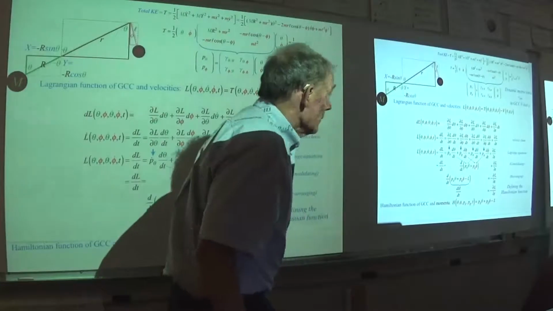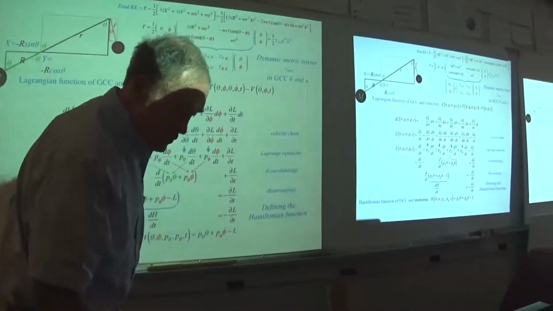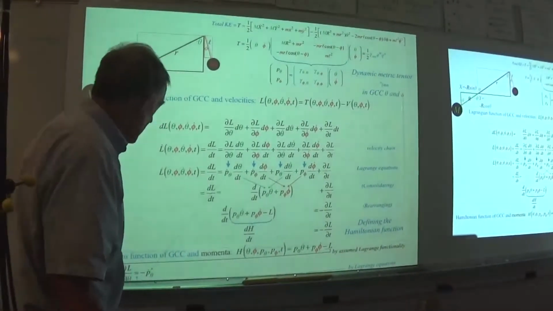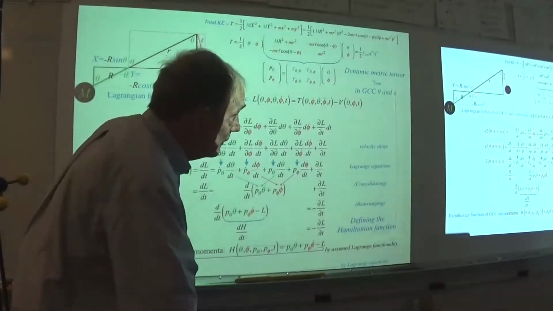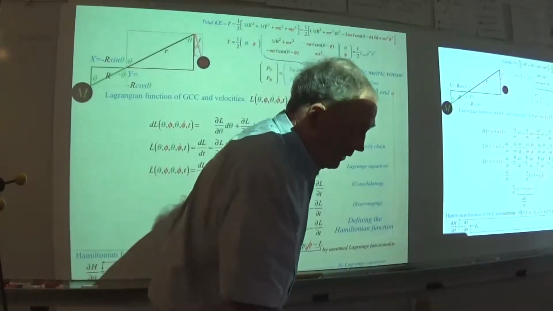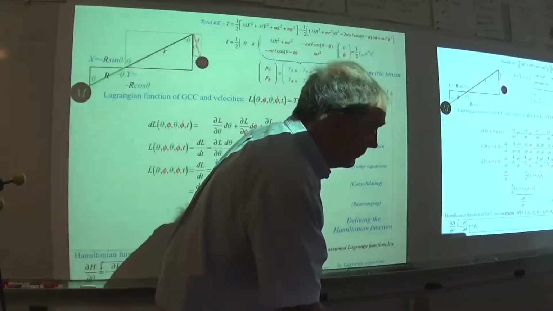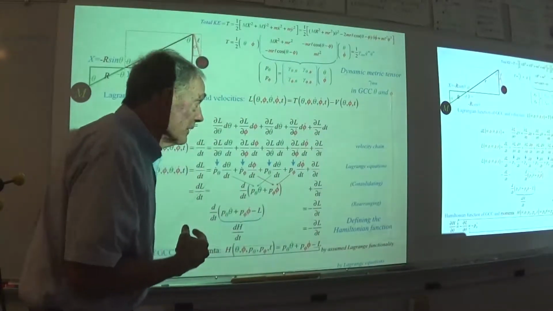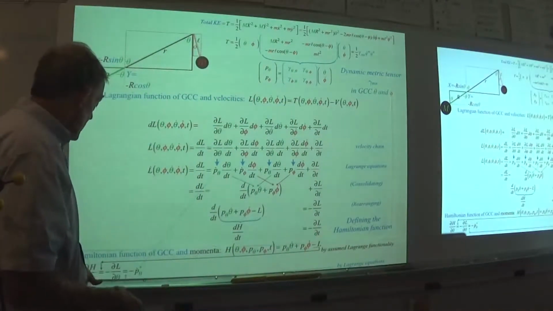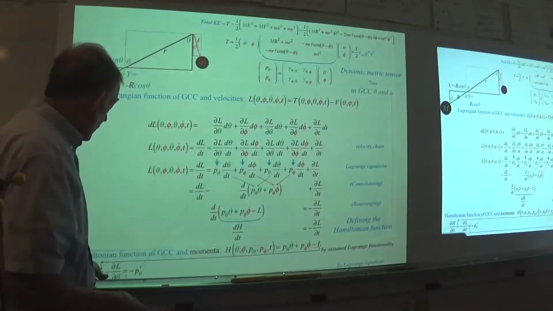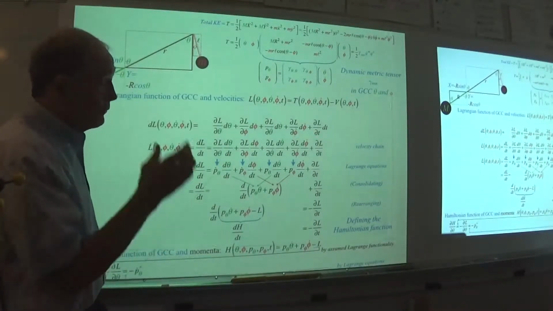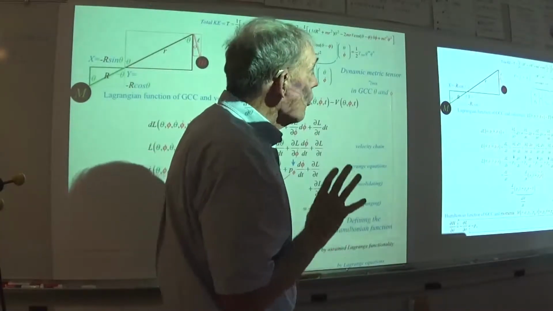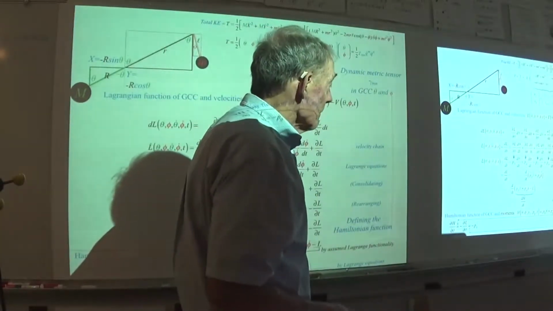All right, so going ahead here, the first thing in the lower left-hand corner of each of these screens, and I'll just do it with this one right here, is the second Hamilton's equation. This is an equation that involves the partial derivative of the Hamiltonian with respect to a coordinate, theta in this case.